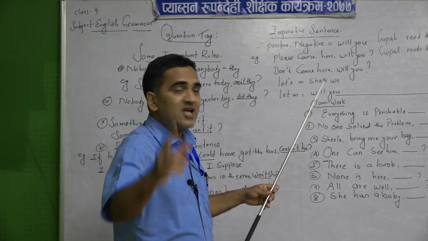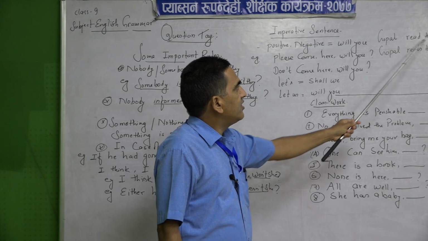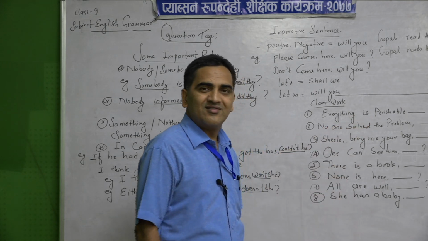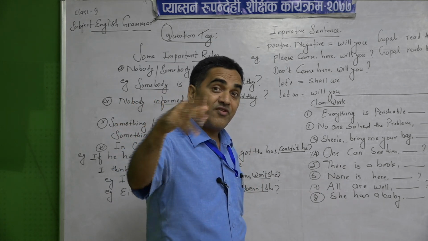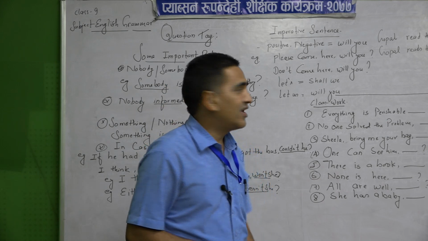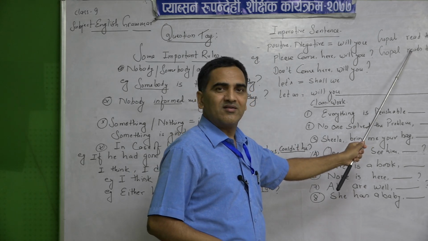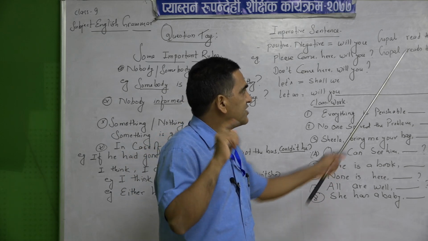And you see some of the other rules. Sometimes we see such type of sentence also: Gopal, read the book. And Gopal reads the book. Two different sentences. They are related to different sentences. One is imperative, another is assertive. Gopal reads the book is a statement. It is assertive. Subject, verb, object is there.